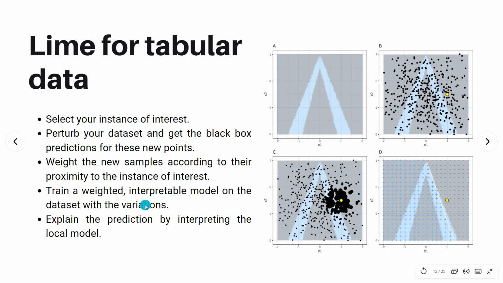Train the weighted interpretable model and then explain the prediction by interpreting the local model. So basically we interpret the big model using the interpretation of the smaller model. And this can only work locally. If you try to take the same model and put it on another area, it's not going to give you correct performance.